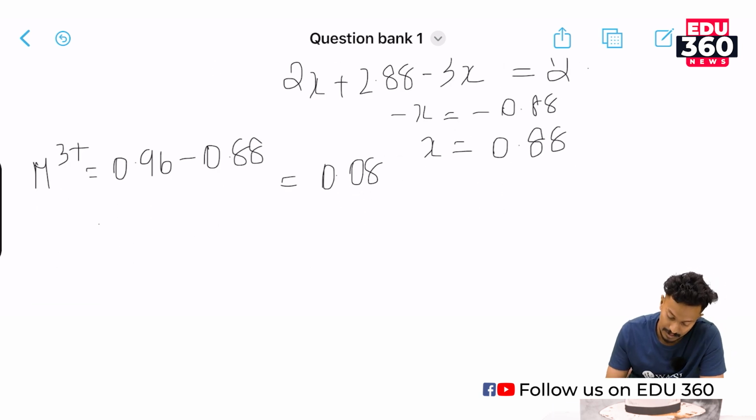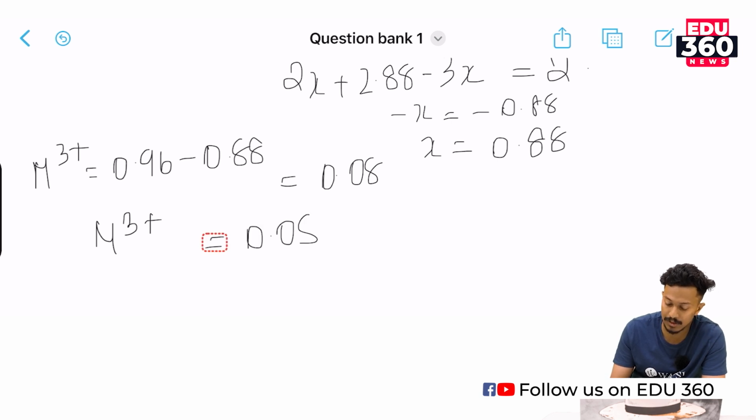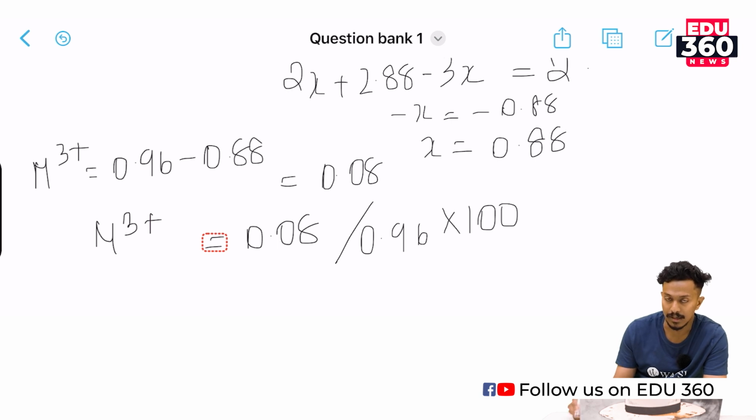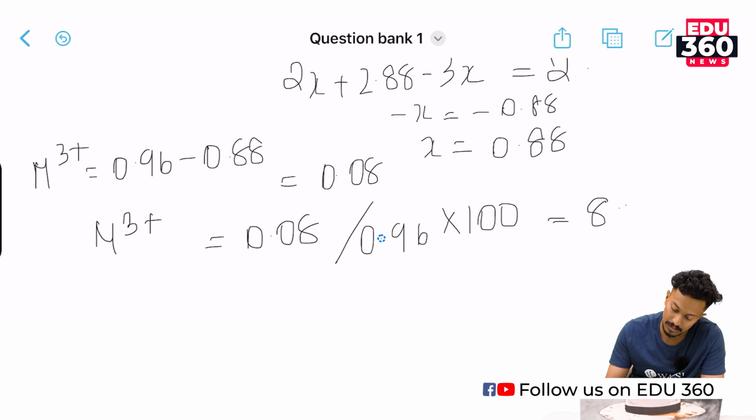Well, we have to find the percentage of M3+ ions. To find the percentage of M3+, we have 0.08 by 0.96, the total number of ions, into 100, which is 8.33%.